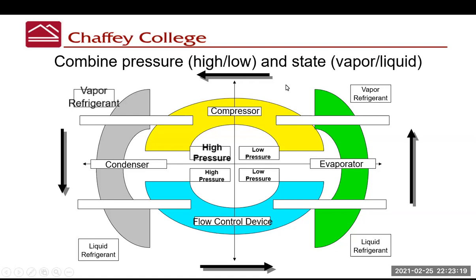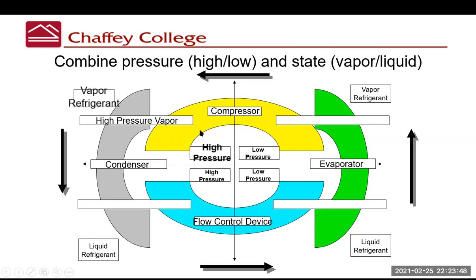Now, let's combine the pressure, whether it's high or low, and the state, whether it's a vapor or a liquid. So start at the outlet of the compressor. Well, we have high pressure vapor refrigerant. So we're going to put that right there. Everything in this corner is high pressure vapor.